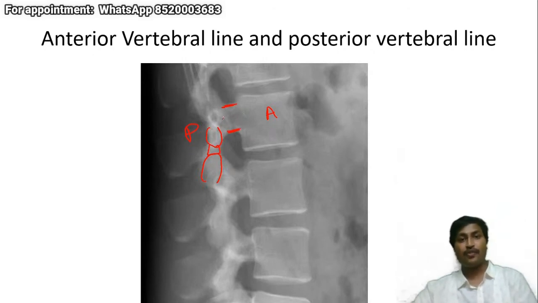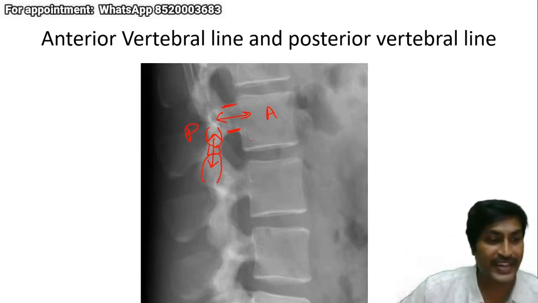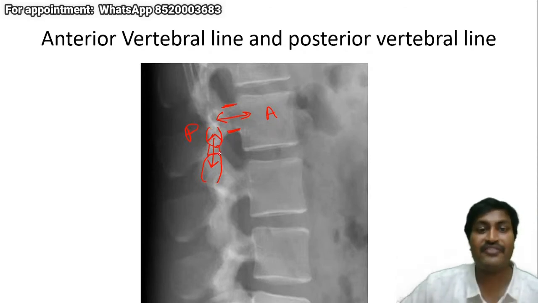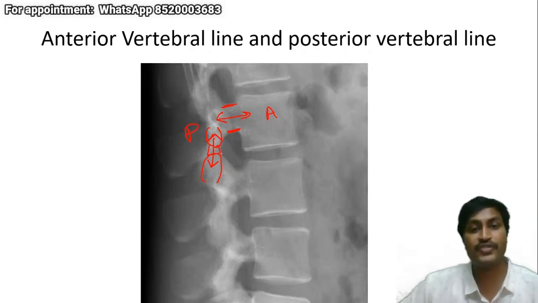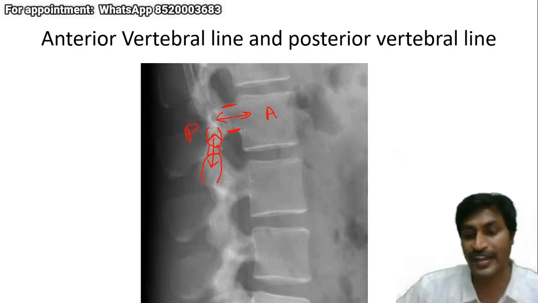Basically, the pedicle is oriented horizontally, and the pars interarticularis is oriented vertically. Degenerative fracture of the pedicle is very rare, whereas degenerative fracture of the pars interarticularis is very common. Fracture of the pars interarticularis usually causes spondylolisthesis. So whenever you see spondylolisthesis, you'll have to look for a fracture of the pars interarticularis.